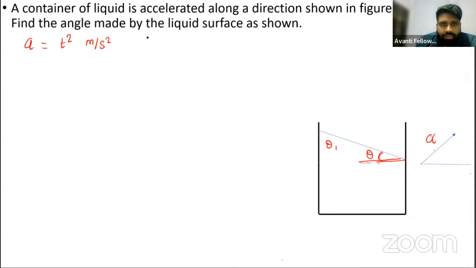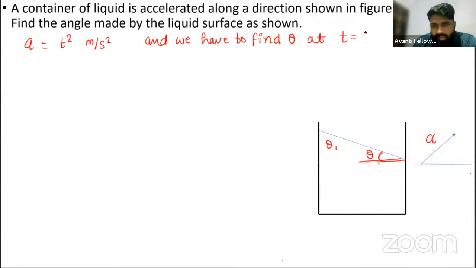And we have to find theta at t is equals to 2 second. Got it?